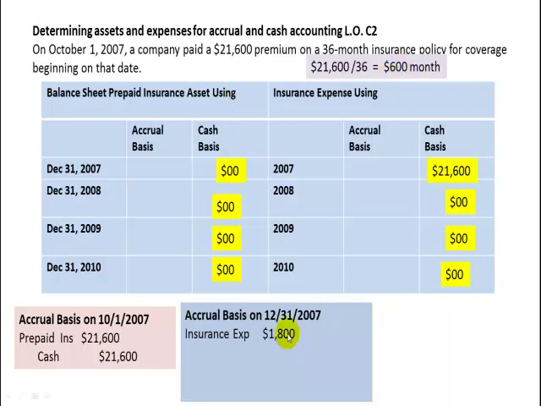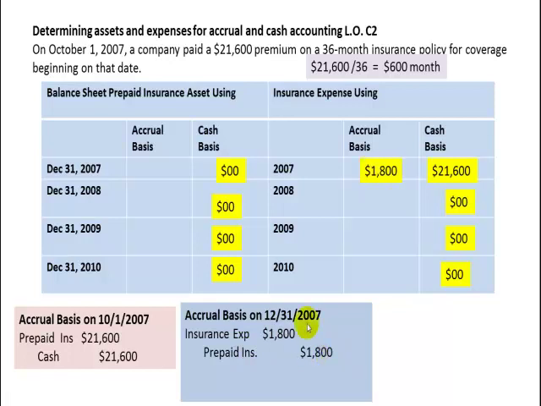That is, October, November, and December will be used up as of the end of December, and we'll make an adjusting entry to debit insurance expense and credit prepaid insurance, the asset account.